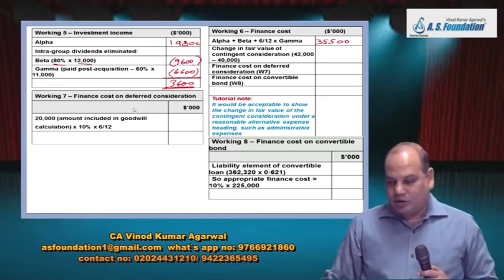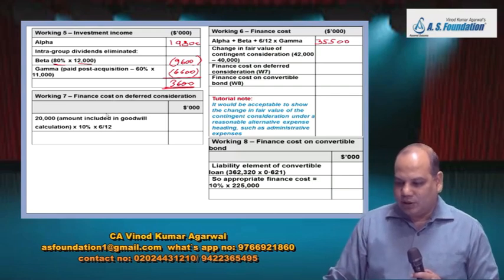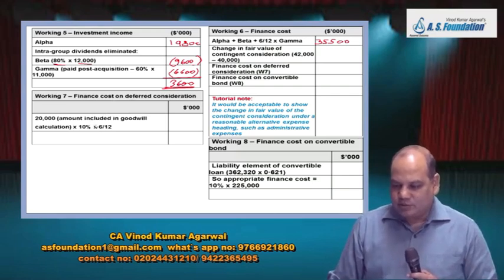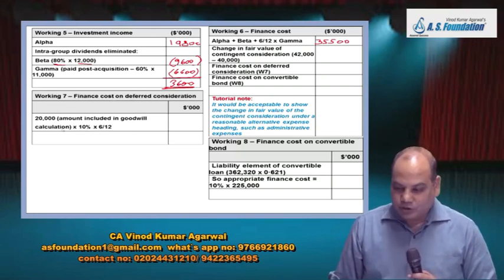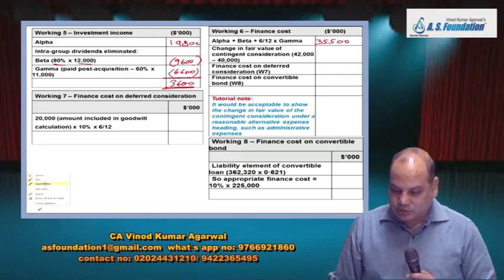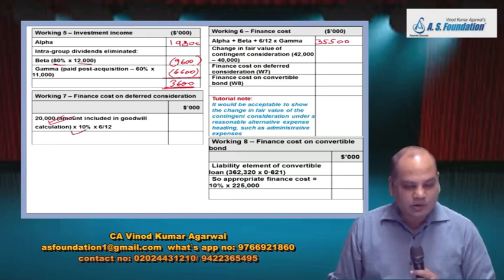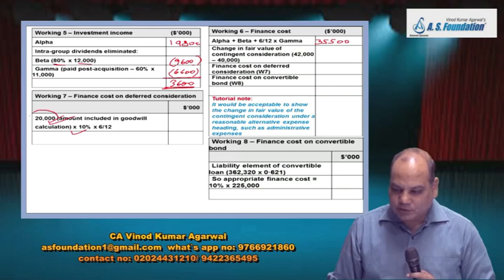Okay. Now let us remember that while acquiring Gamma Limited, there was a deferred consideration of 20,000. Was it there? And on that 20,000 deferred consideration, we will provide interest at the rate of 10% because this 20,000 is the present value.